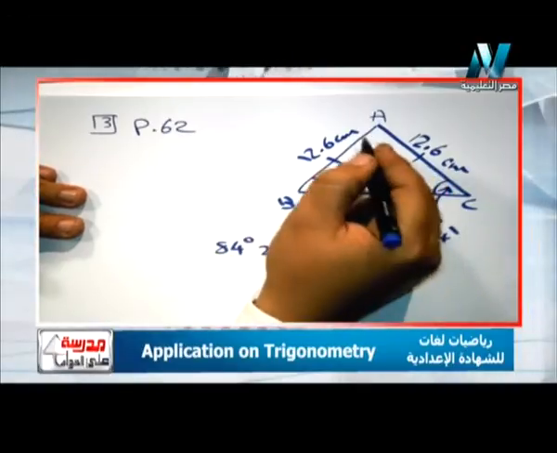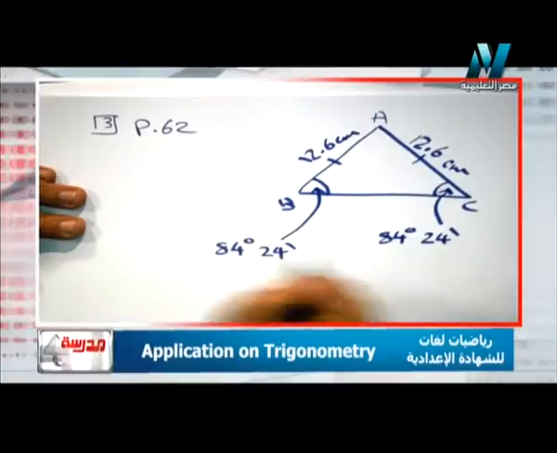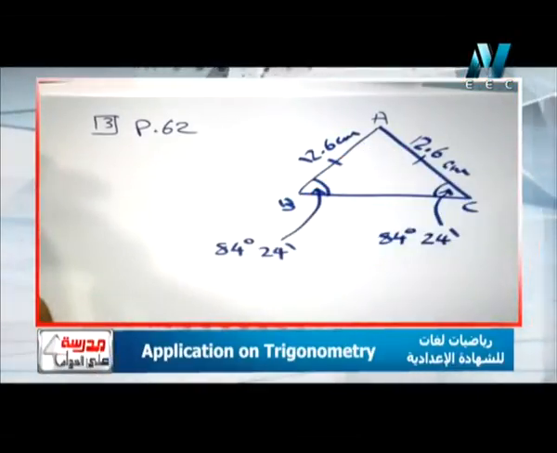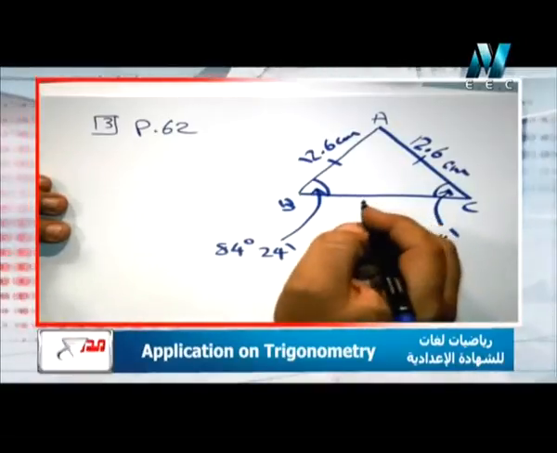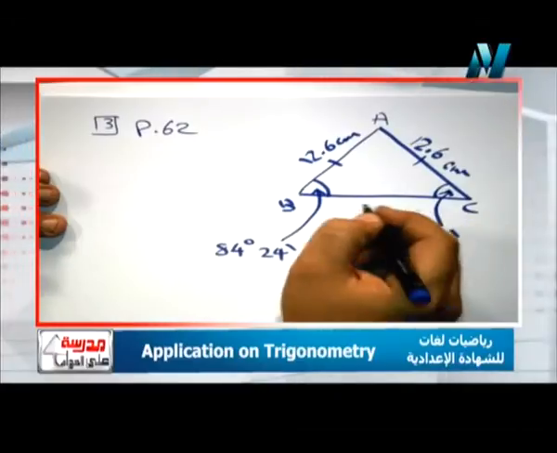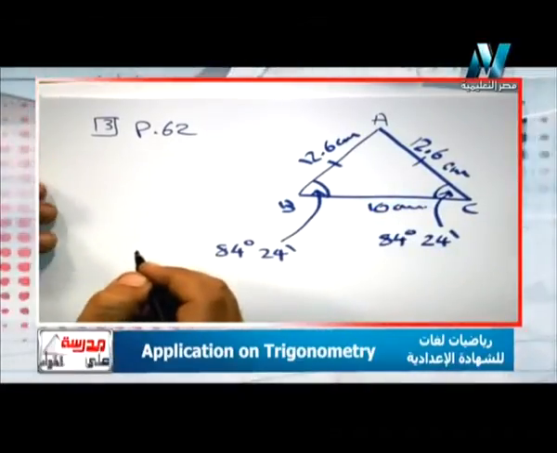If I want to find the measure of angle A, I simply find the sum of these 2 angles and do 180 minus the sum to find measure angle A. The last given, which is BC, its length is 10 centimeters, so I'm going to write here 10 centimeters for BC.